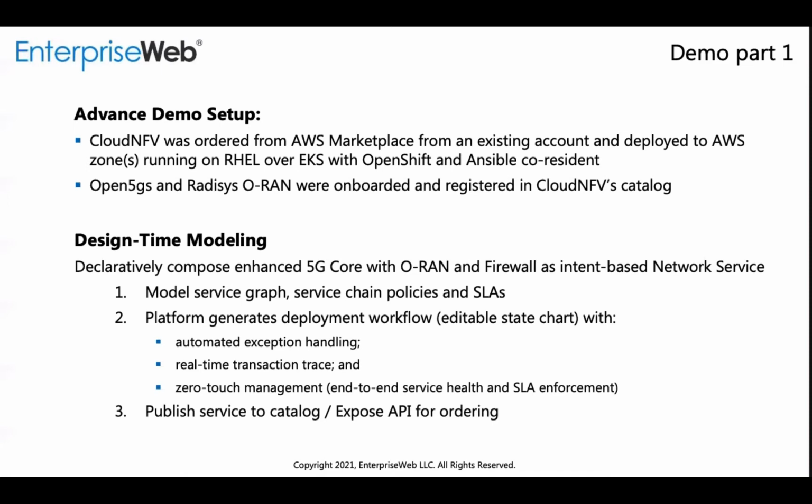And so with Ansible co-resident, we've modeled Open5GS and ORAN. To give you an idea, those components of the solution as far as the demo is concerned are either all deployed as far as the implementation environment, or they all exist in the catalog composition perspective. But just to be full disclosure, we onboard virtually anything in 30 minutes to 2 or so hours.